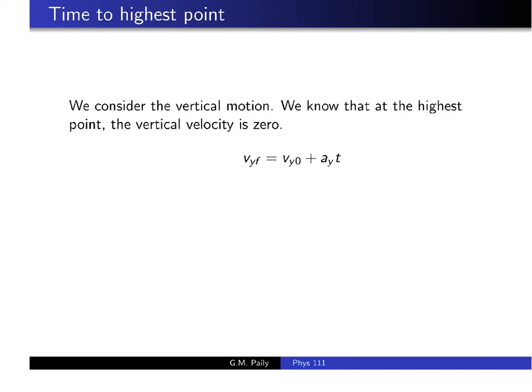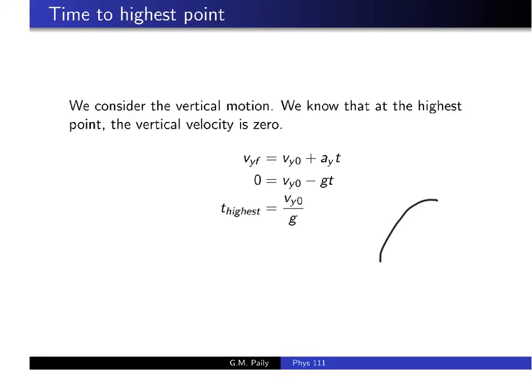What about the time it takes to get to the highest point? Well, again, we know that the final velocity is 0. We know that ay is minus g, and we solve for it. So the time it takes to get to the highest point is Vy naught over g. This corresponds to half of the flight, assuming that the launch and land heights are the same.